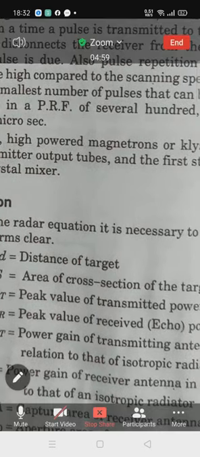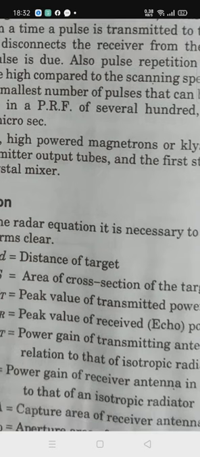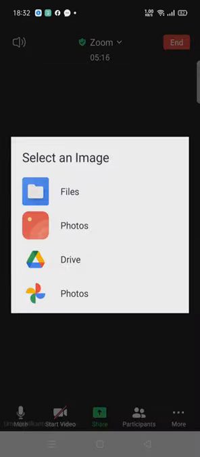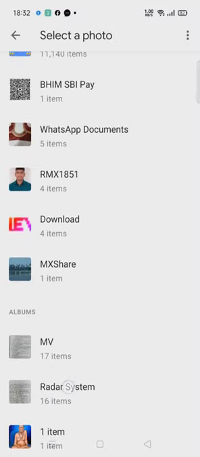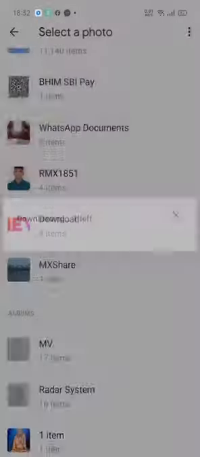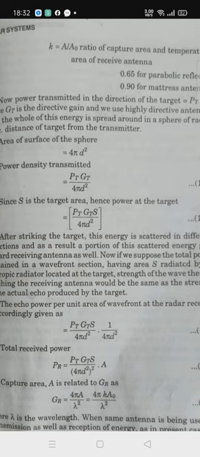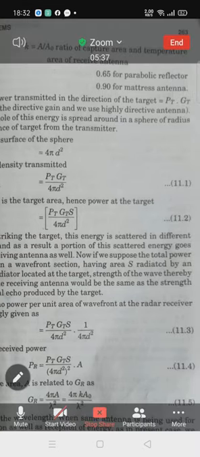So these are the terms we are using for deriving the radar range equation. Small k is the ratio A upon A0, that is, the ratio of the capture area of the receiver antenna to the aperture area of the receiver antenna. That is given as 0.65 for a parabolic reflector and 0.90 for a matrix antenna.